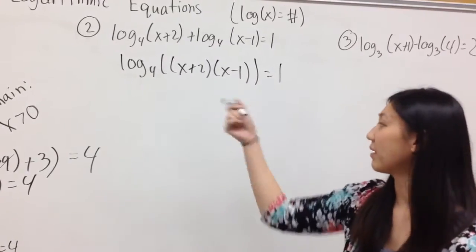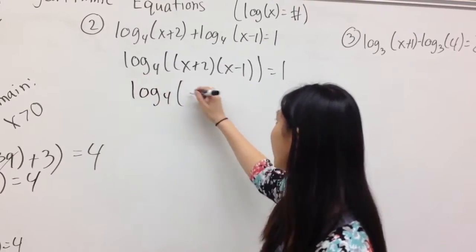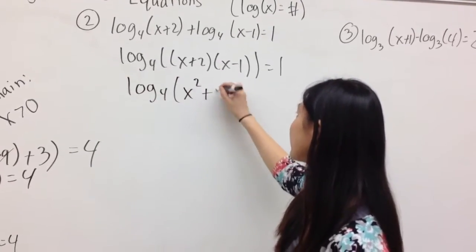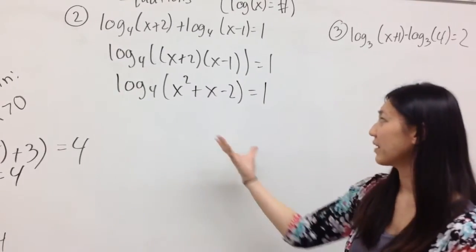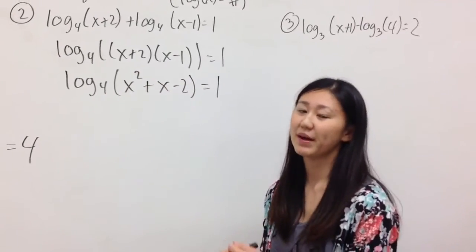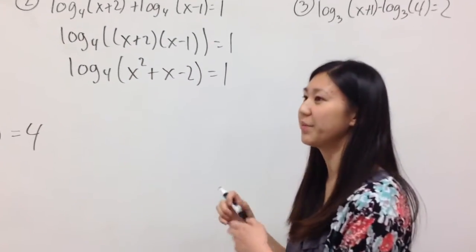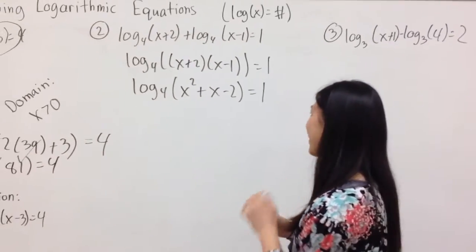We're going to multiply this out right now. So we're going to get log base 4, that's going to be x squared plus x minus 2 is equal to 1. And once again, if you don't really understand how I multiplied this out, please go back into the video for multiplying polynomials together. Hopefully that will help you out there.